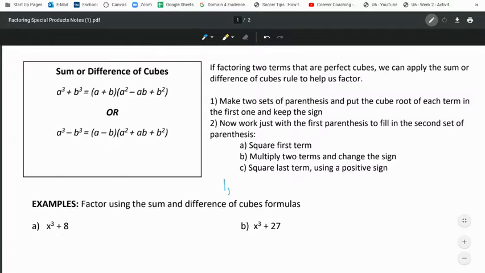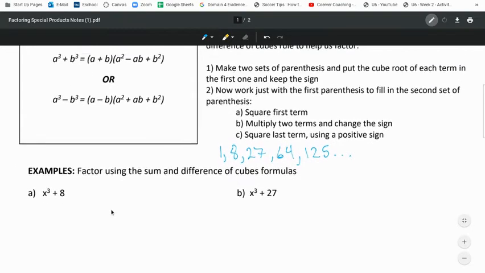One times itself three times is 1. 2 times itself three times gives me 8. 3 gives me 27. 4 gives me 64. And 5 gives me 125, and so forth. So now I'm looking for these special values, these perfect cubes.